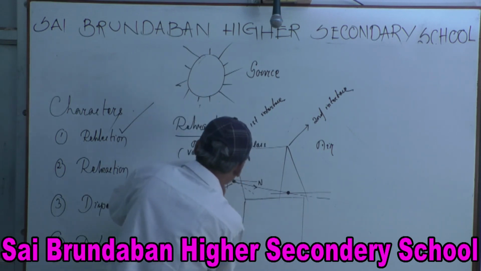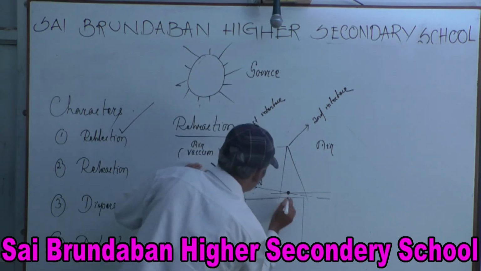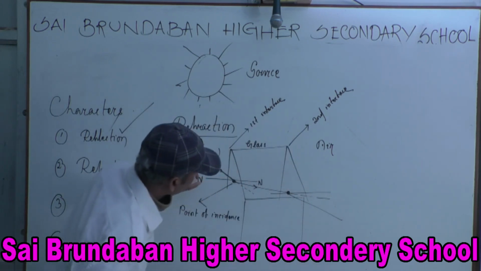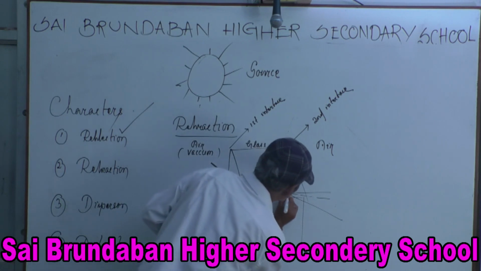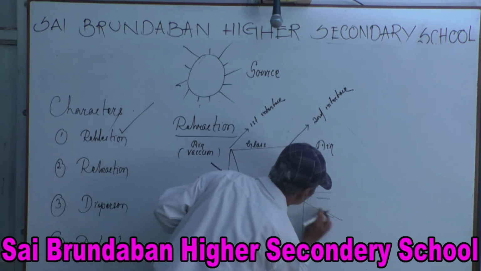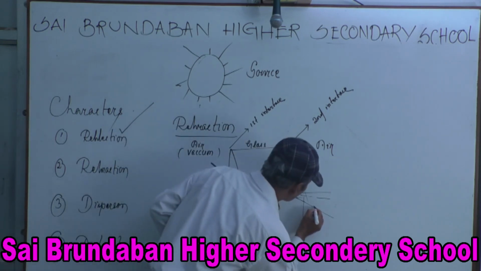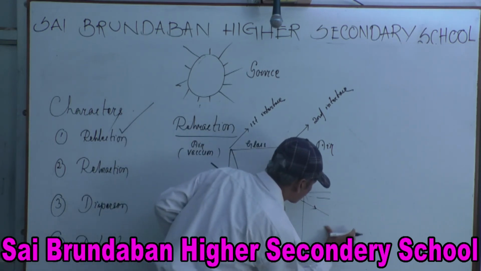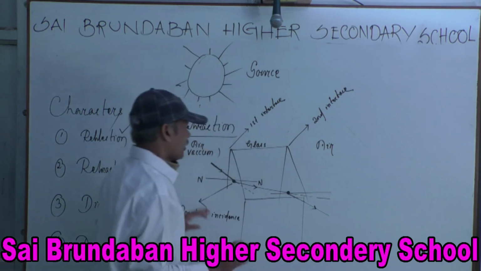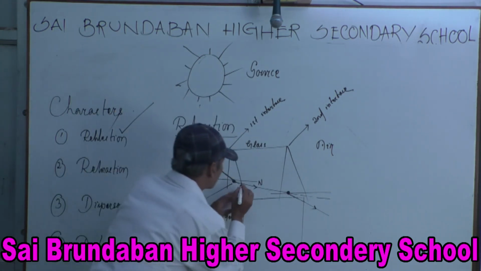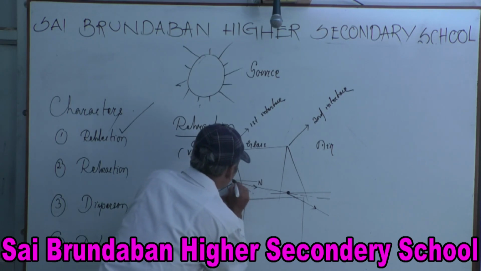That's why you make a parallel line with this. So you see, the light moves like this. I'm just making it dark.